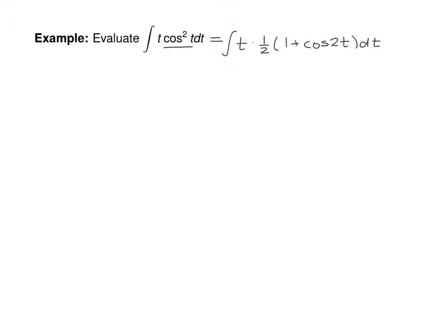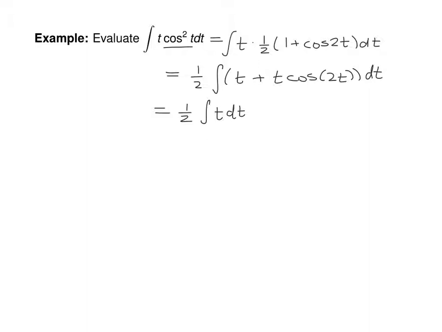Let's take that 1/2 out, and we'll have 1/2 times the integral, and also distribute the t. So 1/2 t plus t cosine of 2t. And then let's break it into two integrals. We have 1/2 the antiderivative of t dt plus 1/2 the antiderivative of t cosine 2t.